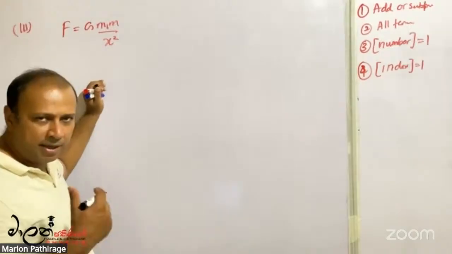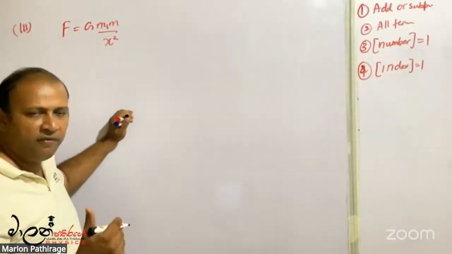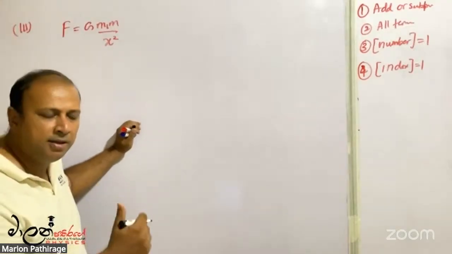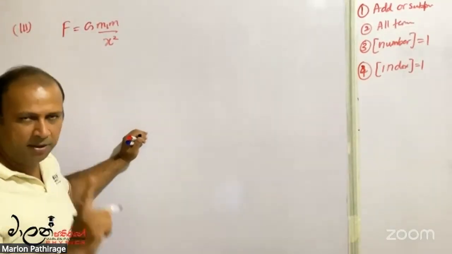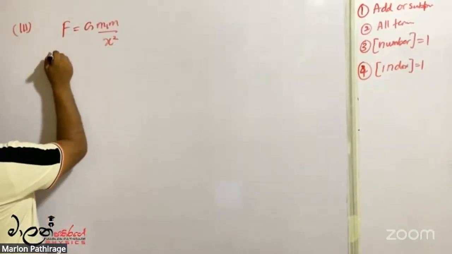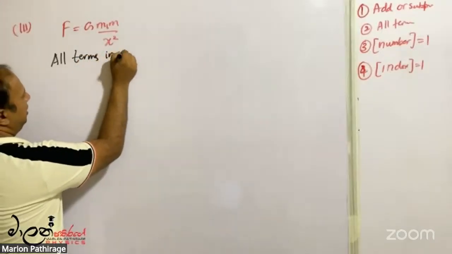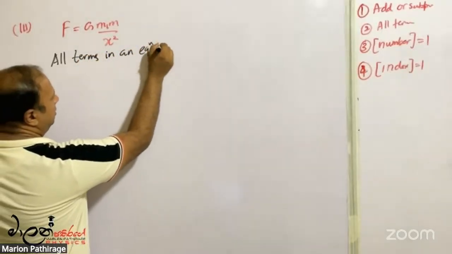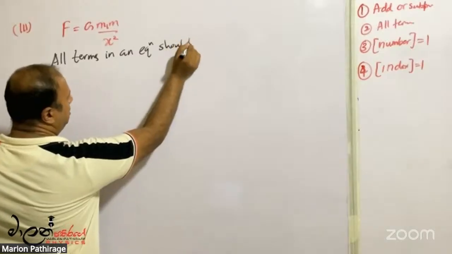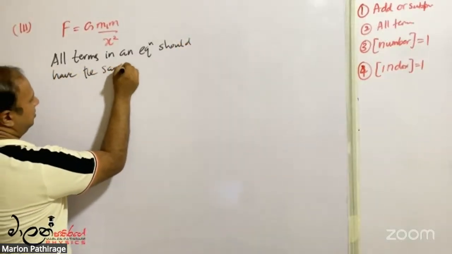Therefore, you can equate the dimension of the two terms, because if it is an equation, all the terms in the equation should have the same dimension. You have to write the argument: all terms in an equation should have the same dimension.